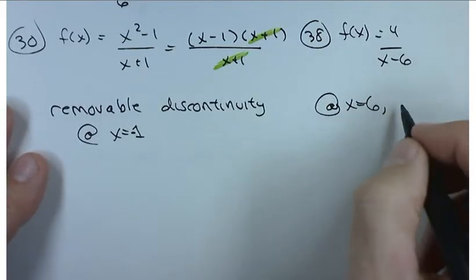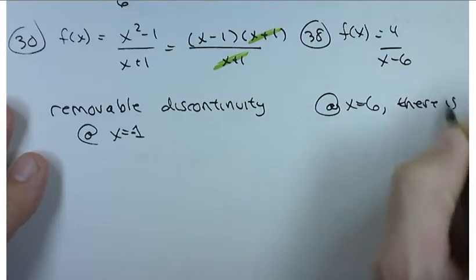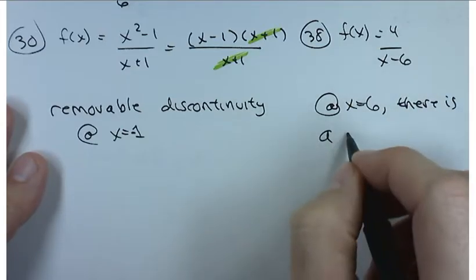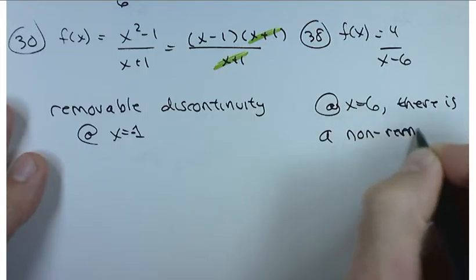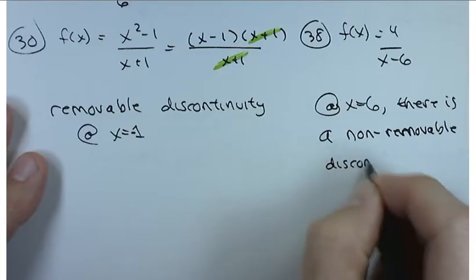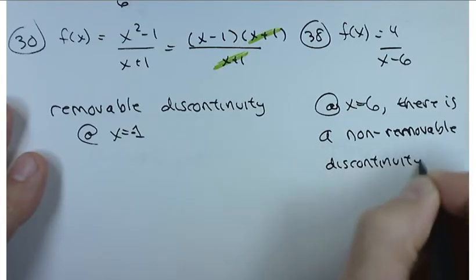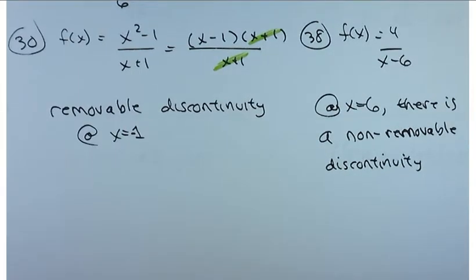So at x equals 6, there is a non-removable discontinuity. In fact, there's a little bit more that we can say about this.